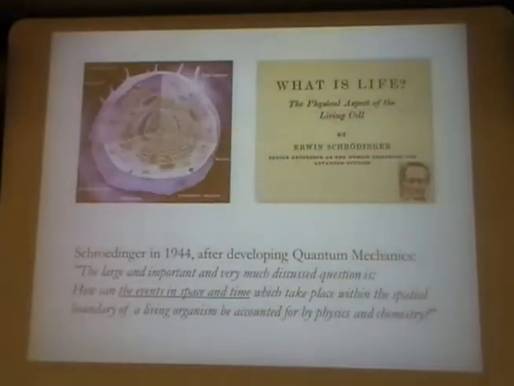Okay, now this idea of looking into biological systems from the point of view of the physics and chemistry, in fact, was first highlighted by an unlikely person, Erwin Schrödinger, when he wrote this book, What is Life? He was giving these lectures in Dublin.